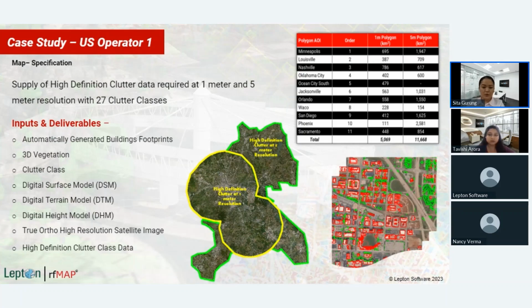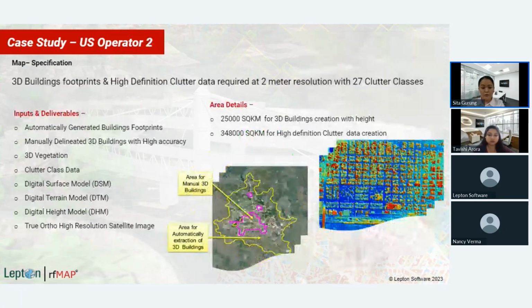The second case study that we have is for an operator in the US again. It was basically a 3D data set: 3D data along with 3D vegetation, clutter height, or you can also call it DSM, DTM. All these layers were supplied to this particular customer.